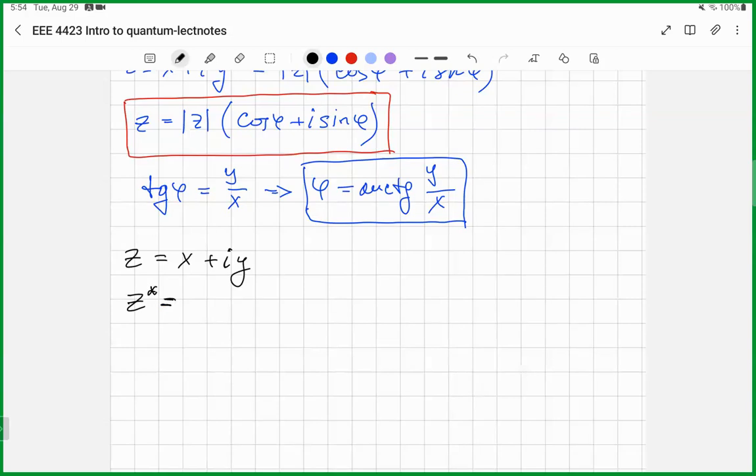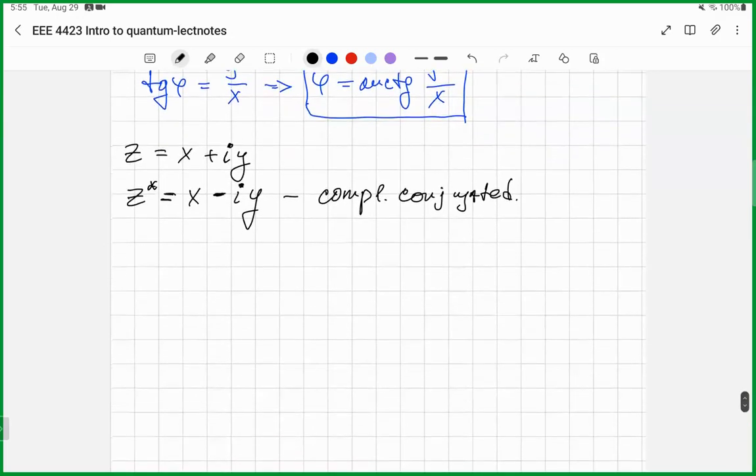So the z star is the complex conjugated number, which has the same x, the same y, but the sign before this i is changed to minus. So basically x minus iy. So this is the complex conjugated number, the complex conjugated counterpart to the number.